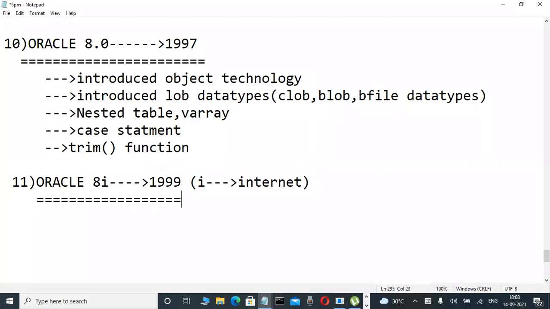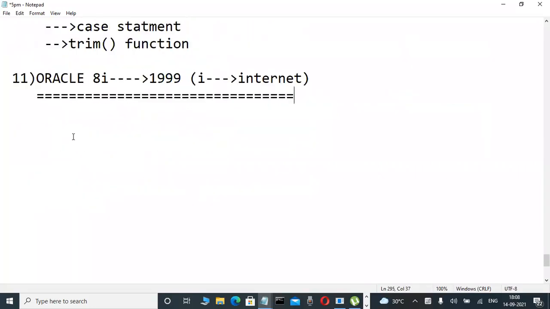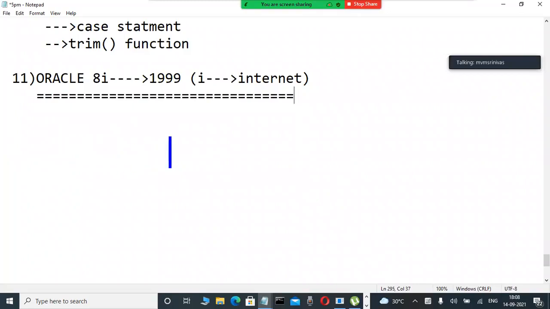Actually, Oracle was moving toward internet technology. Suppose you are a Java developer and want to develop a web-based application, JSP is there. If you are a .NET programmer, ASP.NET (Active Server Pages) is there. PHP developers have PHP.